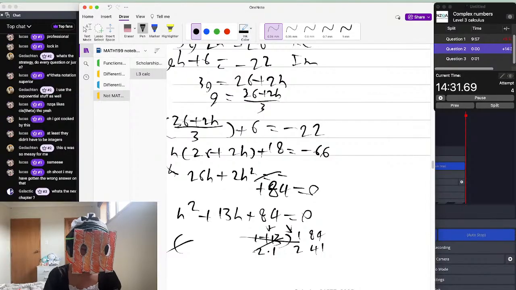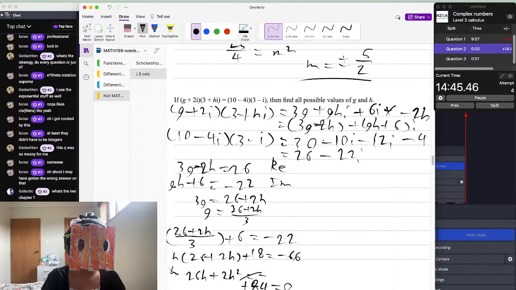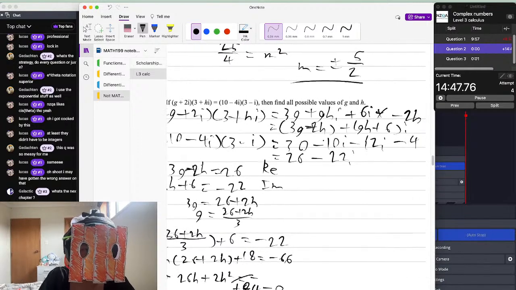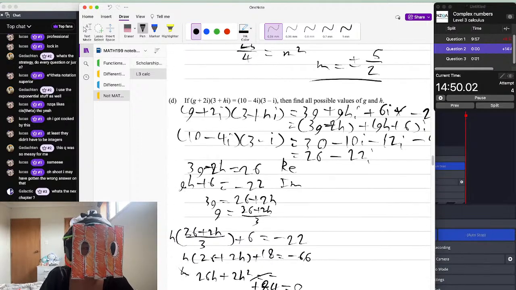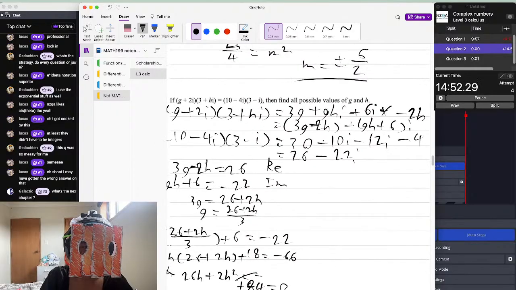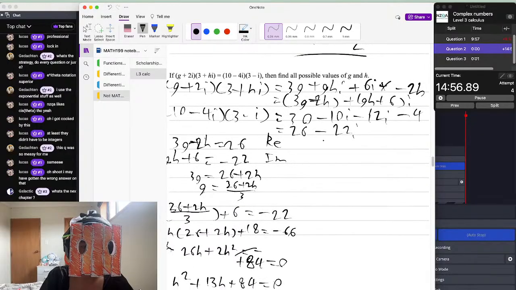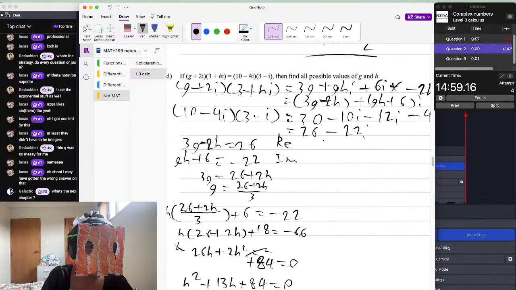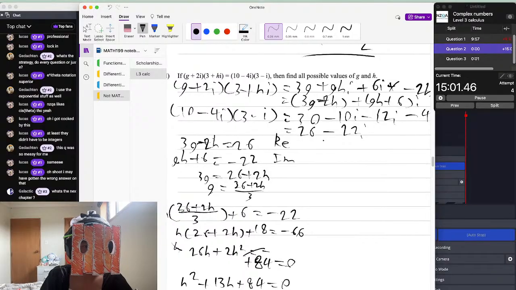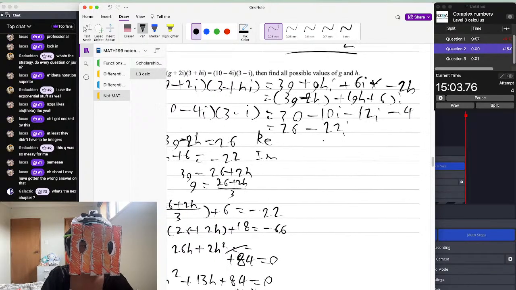I'll get my calculator out. 1, 13, 84. Ooh, I might have to check my working again. 3g plus ghi plus 6i minus 2h. Yep, that's correct. 30 minus 10i minus 12i minus 4, that's 26.